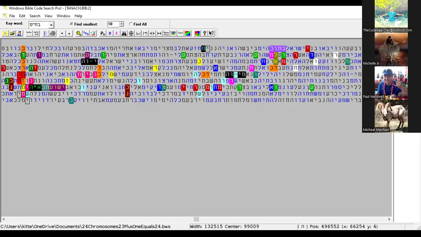And then here's the plus in the green and 1 in the blue. Plus 1 from Yahuwah. And it actually says from Yahuwah there, doesn't it? And then equals 24. So nice little thing here.